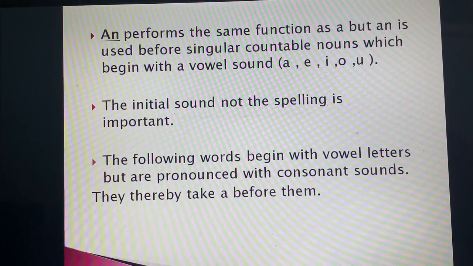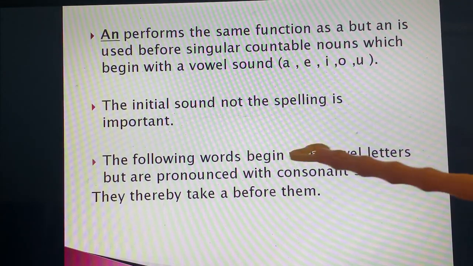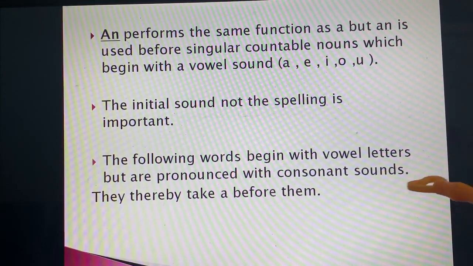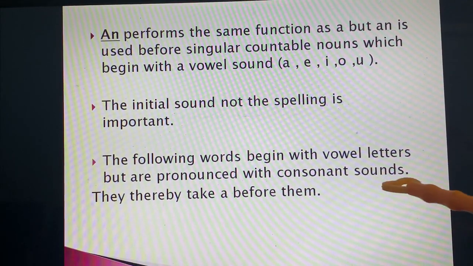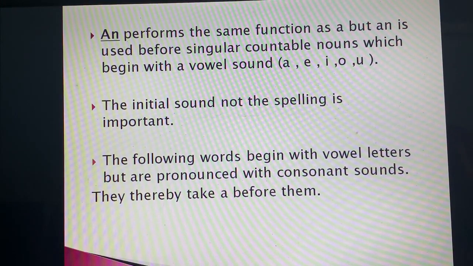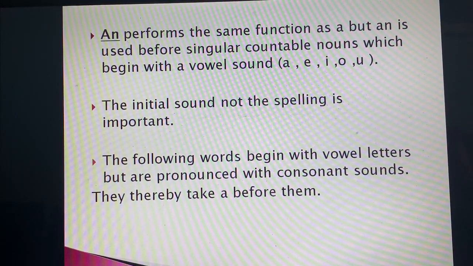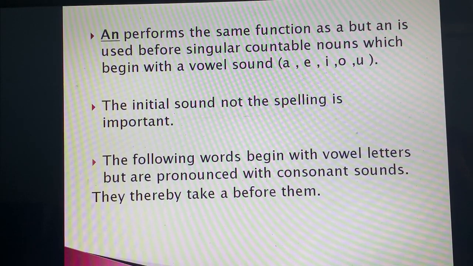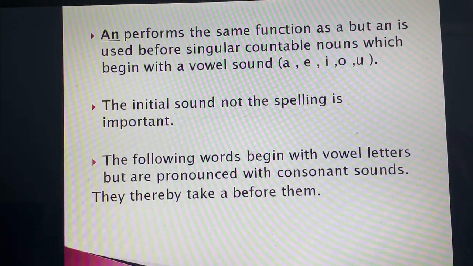The following words begin with vowel letters but are pronounced with a consonant sound. Means there are a few words which begin with a vowel but are pronounced with a consonant sound. Vowel से तो शुरू होते हैं, लेकिन उनका जो sound है, for example, if you take union, union.